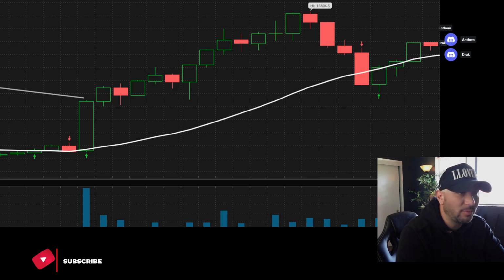Whether it's a simple moving average, an exponential moving average, a pivot point, a Bollinger Band, or a linear regression line, it doesn't matter what support or resistance you're looking at. A trend is when something is trending over that specific level.